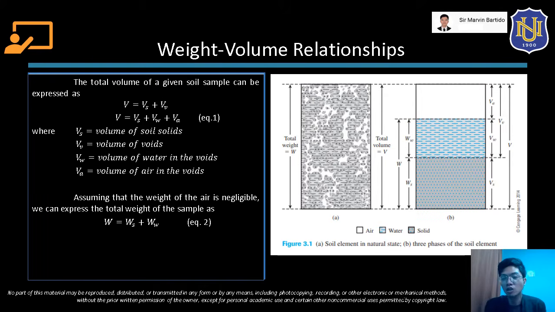We are going to neglect it, because the weight of air is very small, so we will just neglect it. Therefore, the total weight of this soil element will be equal to weight of the solid particles and weight of water. So this will be our equation 2.